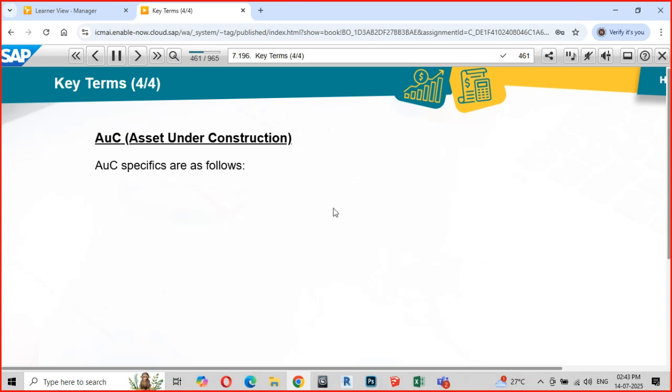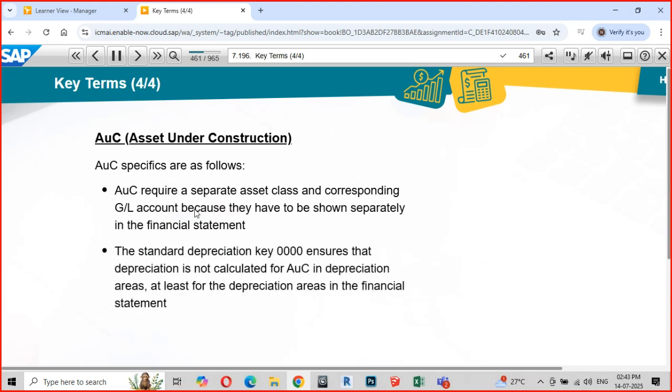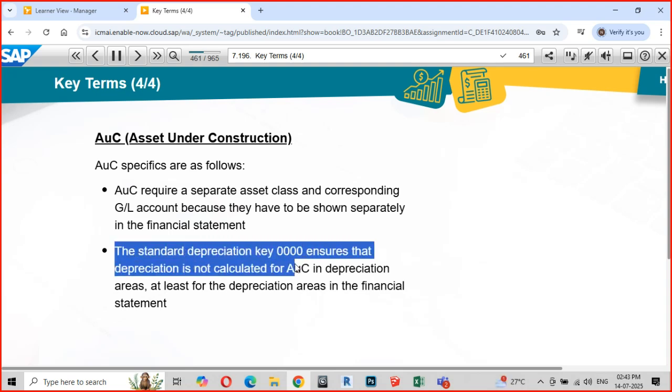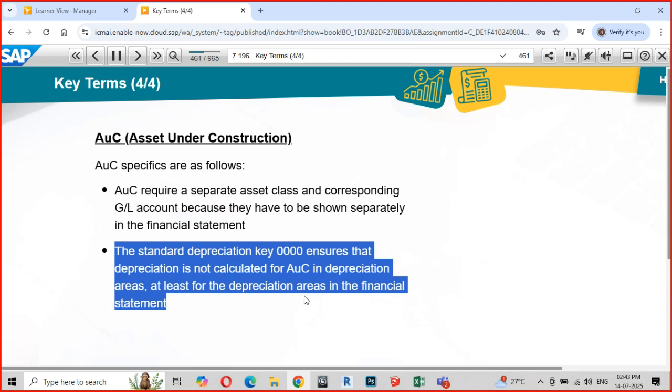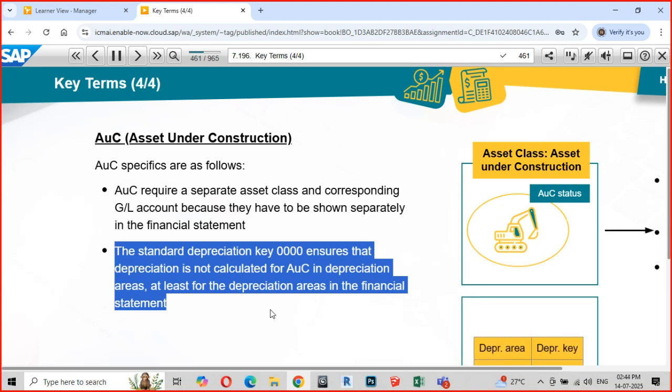AUC, we already know the concept. Did you understand this? The standard depreciation key. Don't try to understand what is a depreciation key, but did you understand the concept? Because the asset is not completed, there is no concept of depreciation.